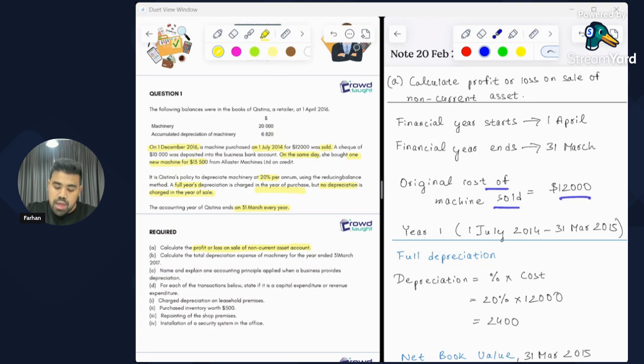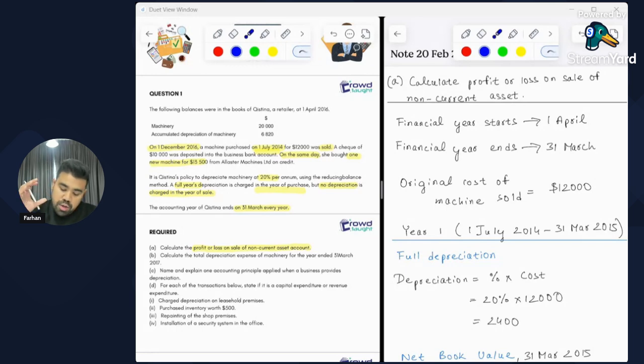All right, now this machine was purchased on 1 July 2014, which is mentioned in the first paragraph. As you can see, I'm just underlining, and we know the company's policy is to apply a full depreciation in the year of purchase, right?